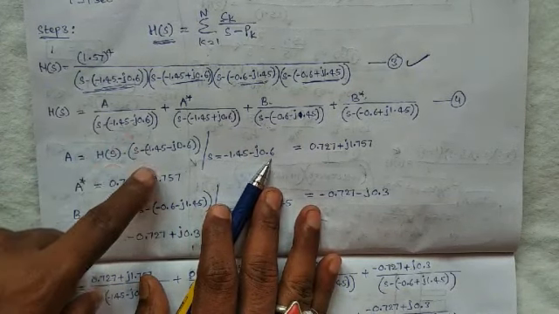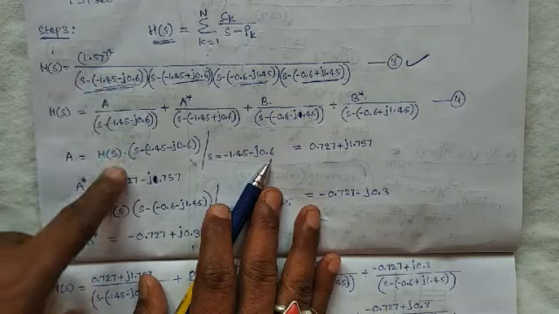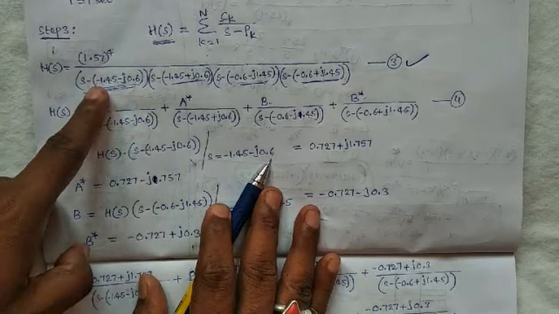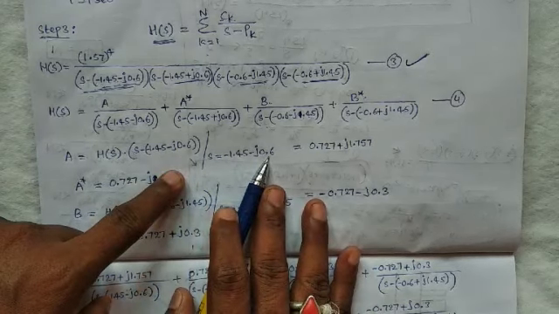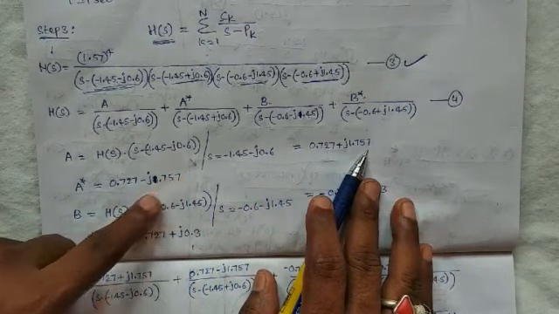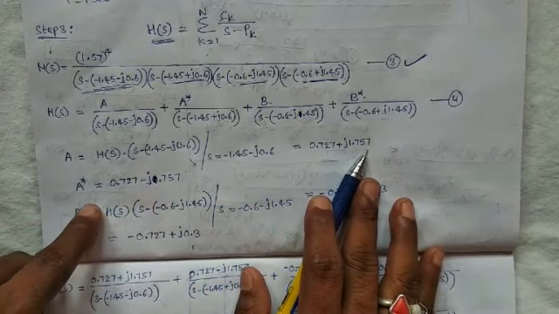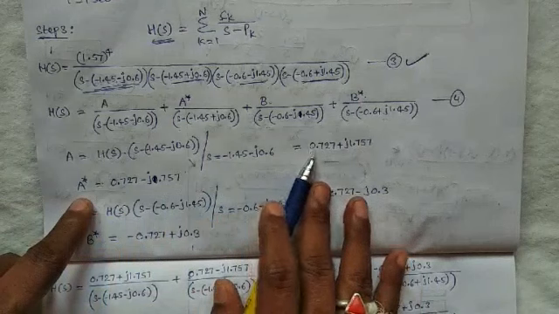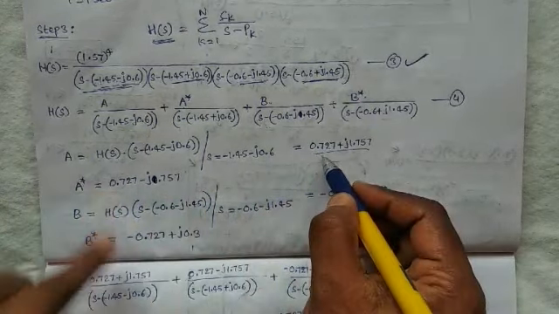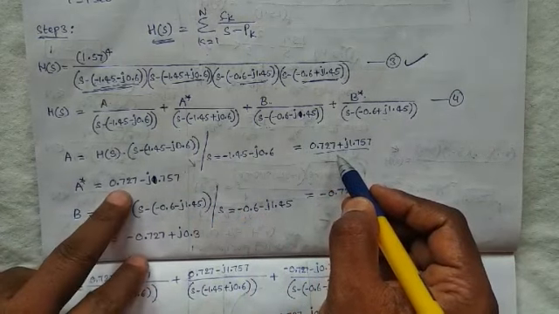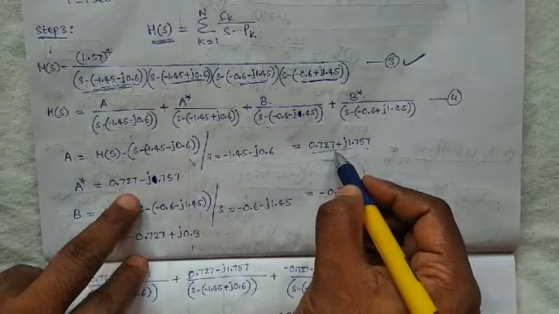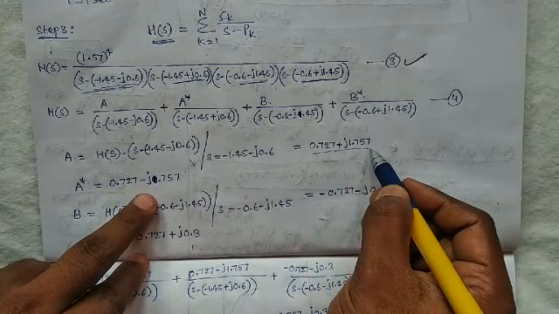Cancelling the corresponding terms and substituting s, we get 0.727 plus j 1.757. A conjugate is the complex conjugate of A, which is 0.727 minus j 1.757.